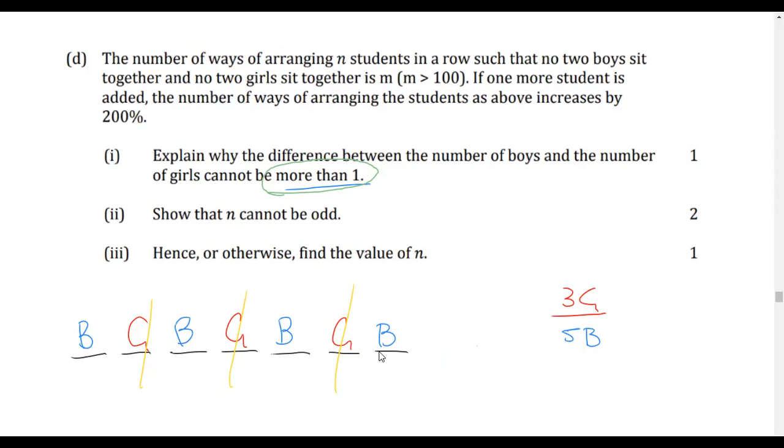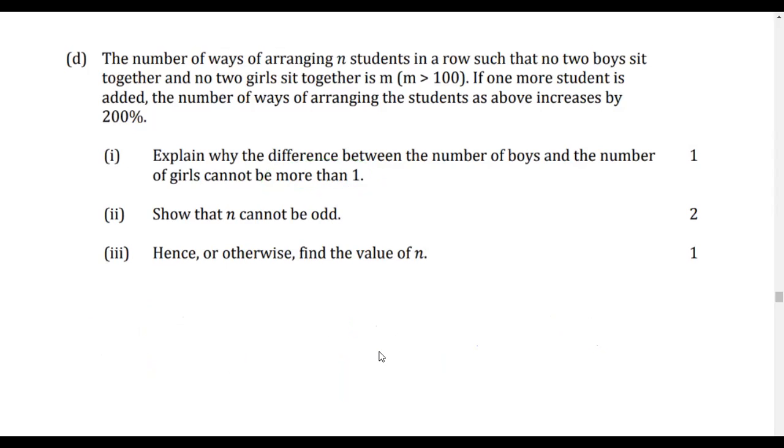And so very simply, because you need enough of them to separate for alternate seating under these conditions, we require n minus 1, let's say girls, to separate the n boys, or vice versa. And that should be fairly straightforward.